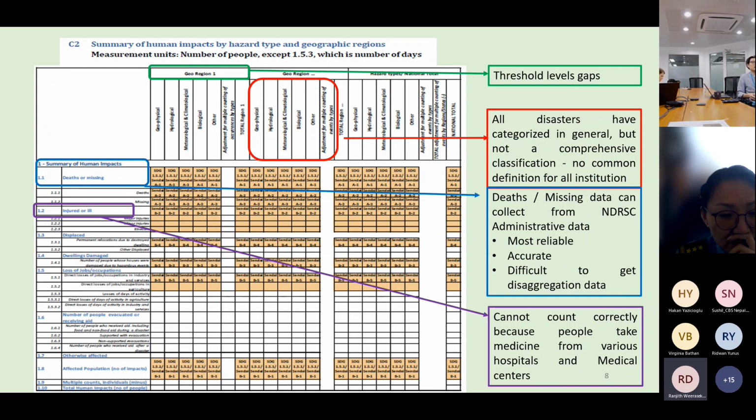So it is difficult, but to some level we can collect this data by using NDRSC and Disaster Management Center databases. Next slide, please.